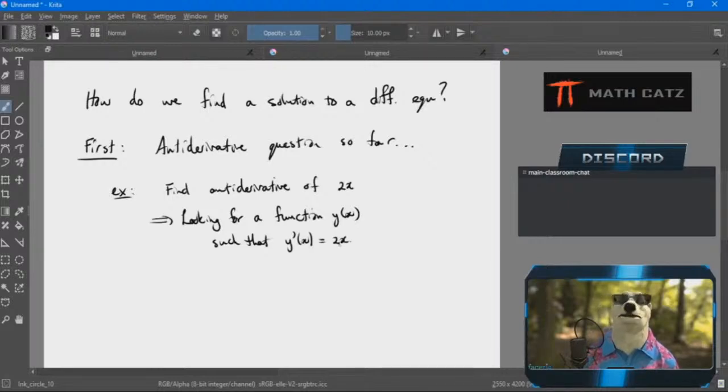The antiderivative question was the reverse of the derivative question. Previously, I was given a function and I needed to find the derivative. Now I'm given the answer to a derivative question, which means I am really given a differential equation.